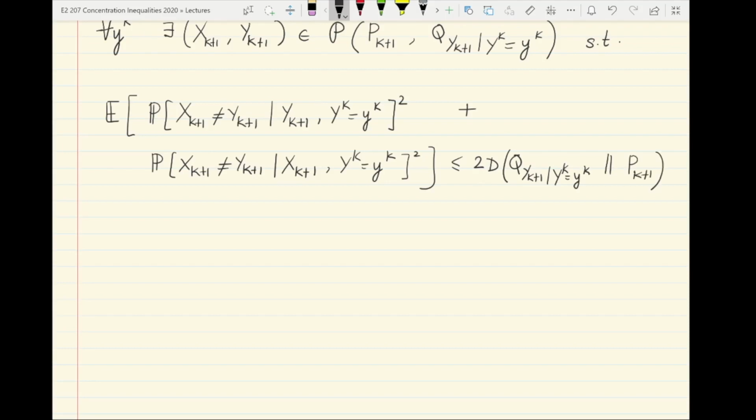This is what the induction hypothesis guarantees us. Let's call this statement 1.